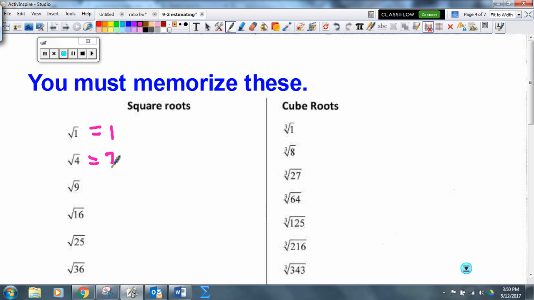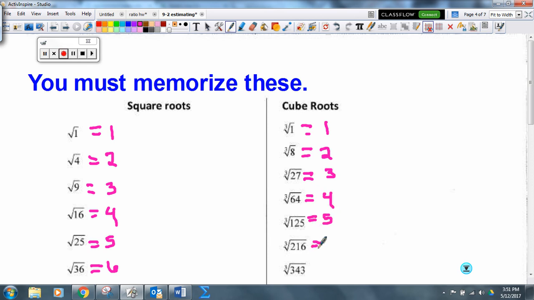Square root of 4 is 2 because 2 times 2 is 4. 3, 4, 5, 6, etc. The cube root means a number times itself 3 times, so the cube root of 1 is 1. Cube root of 8 is 2 because 2 times 2 times 2 is 8. And 3, 4, 5, 6, 7.